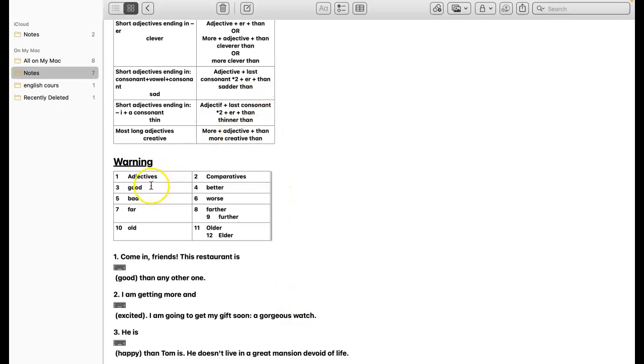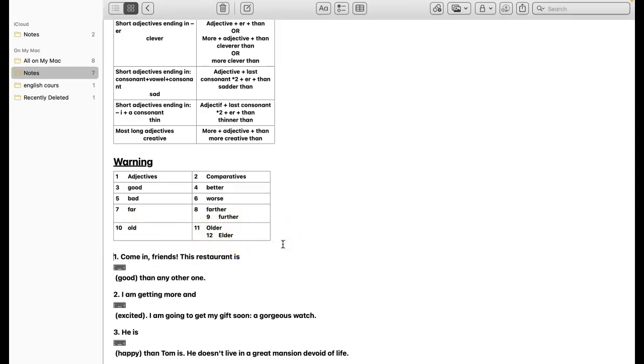For example, good becomes better when we compare. Bad becomes worse. Far, farther or further. Old, older or elder.